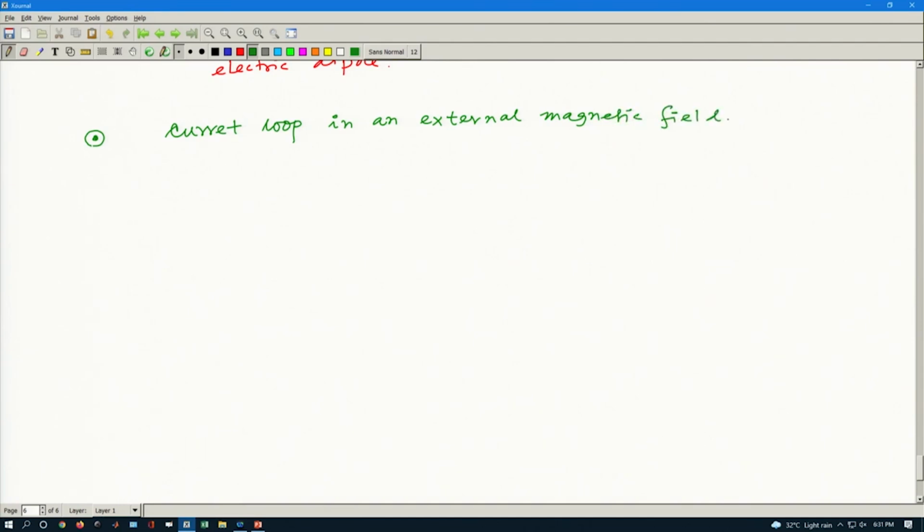So, I placed a current loop in an external magnetic field.